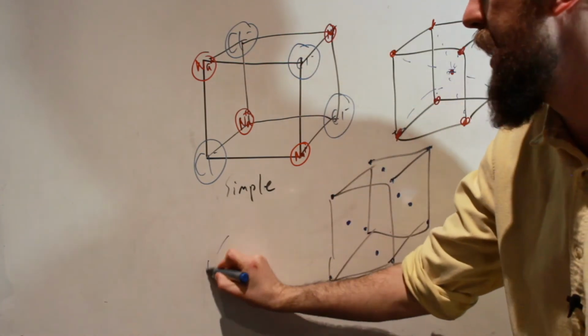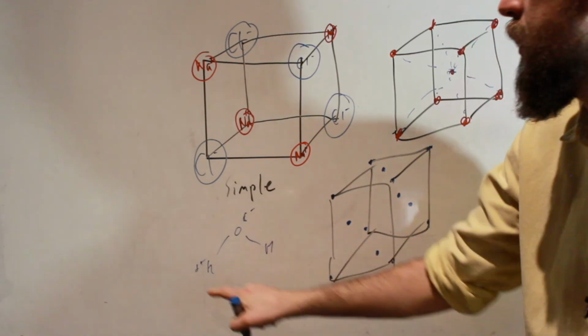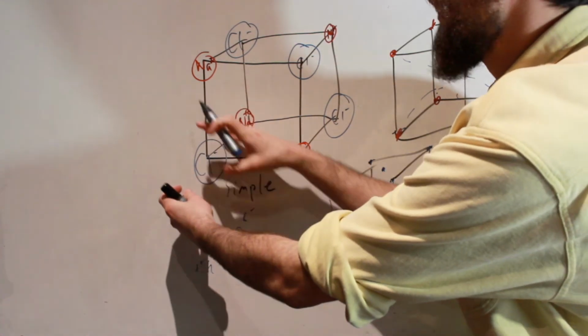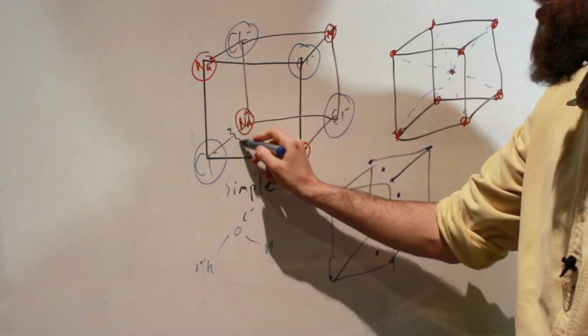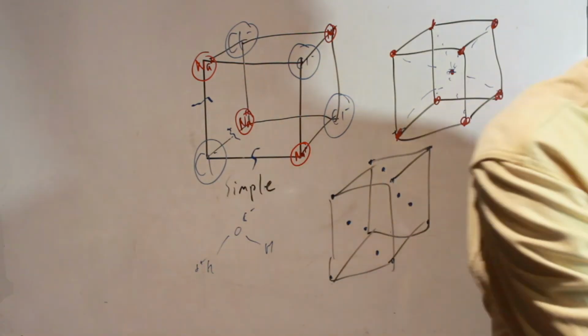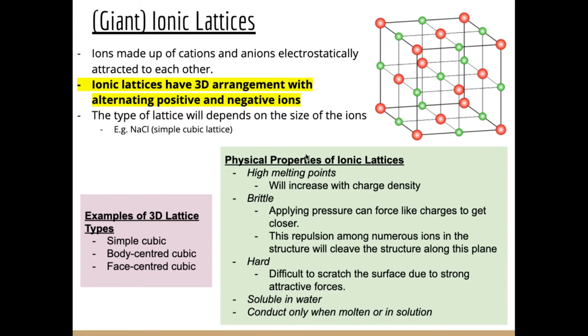So if we've got water that has a delta positive end and a delta negative end, a bunch of water molecules with their delta positive ends can surround the chlorine atom and essentially break the electrostatic attraction between all of these ions.